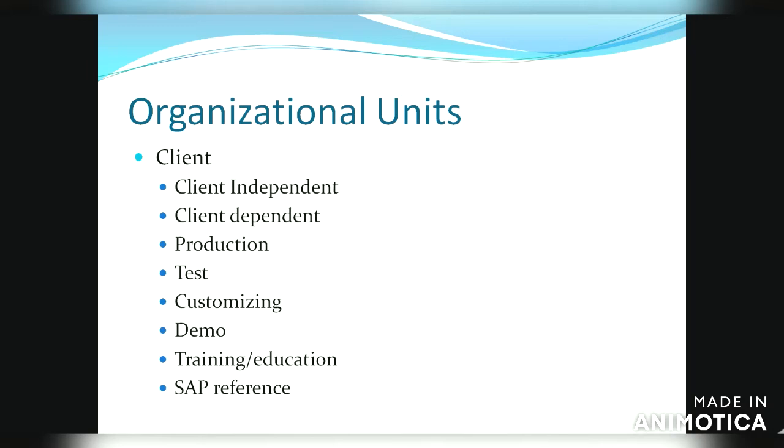And also we will have a sandbox. If we want to test something from scratch, we will test it in the sandbox and then develop the same configuration in the golden client which is the development client.